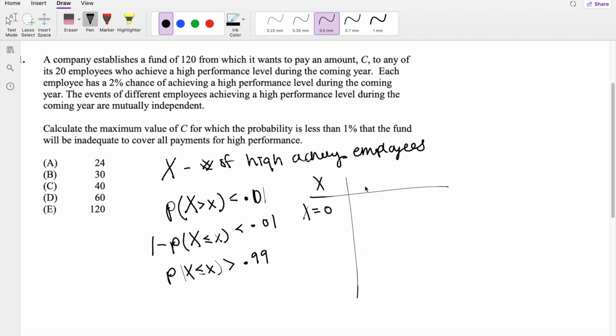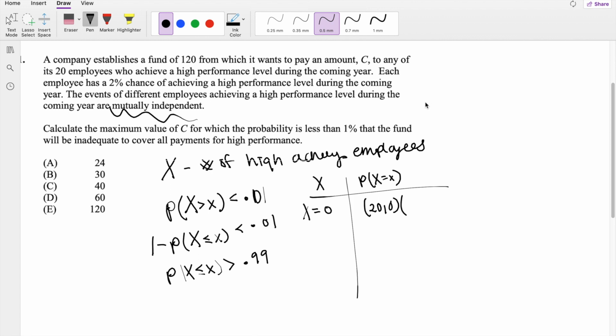Then the probability that X is equal to that little x is a binomial, because they are mutually independent, and you can either be high achieving or not high achieving. So it only has two outcomes, so we can use Bernoulli's here. Out of 20, you choose 0.